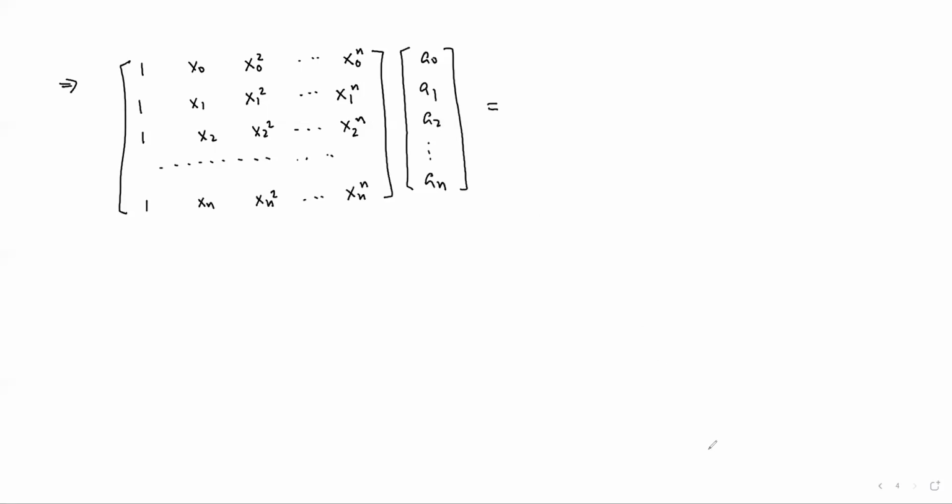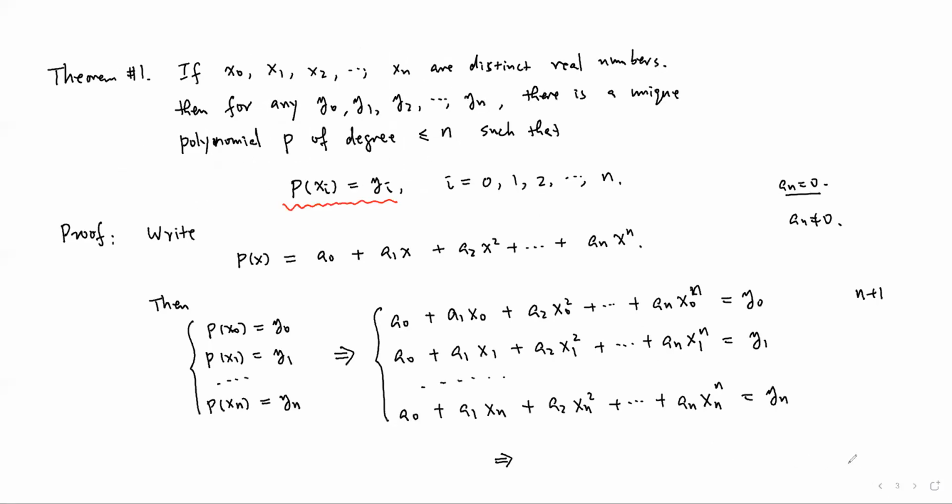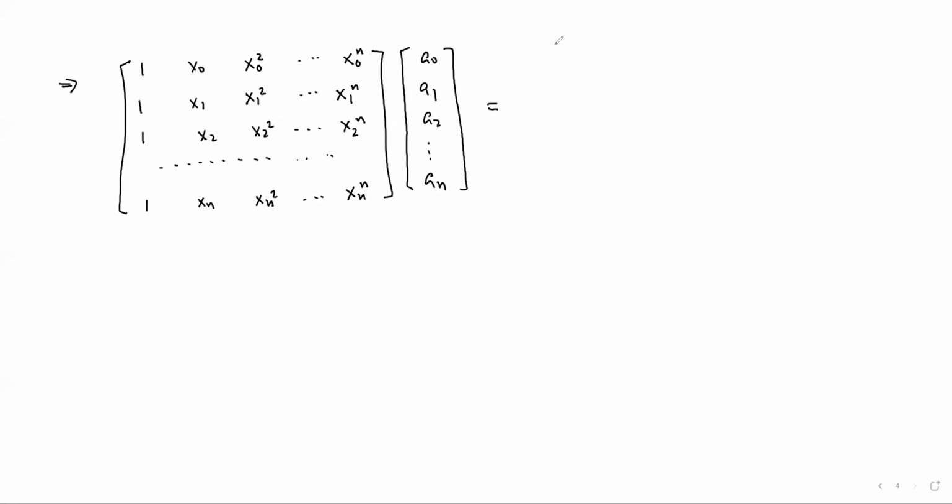The right-hand side of the linear system is the function values at the roots: y0, y1, y2, up to yn.